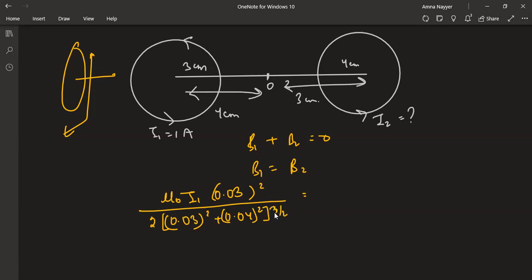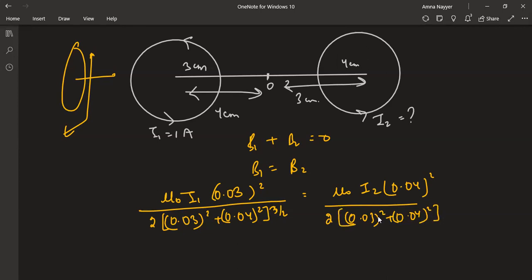This will be equal to mu naught I2 times 0.04 whole square by 2 into, again, the same thing, (0.03 whole square plus 0.04 whole square) to the power 3 by 2. So the 2 gets cancelled, mu naught is cancelled.